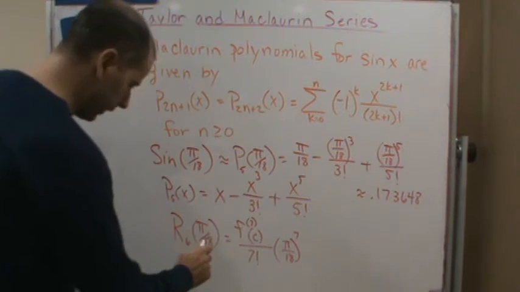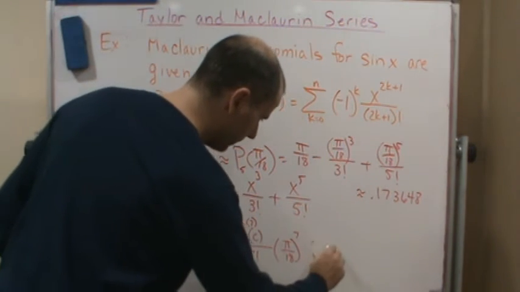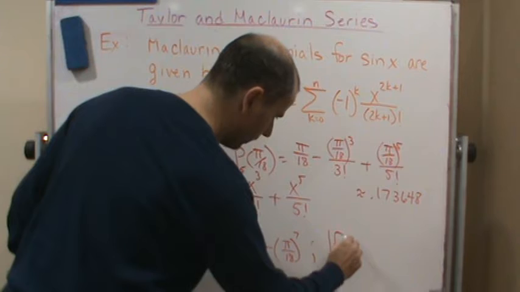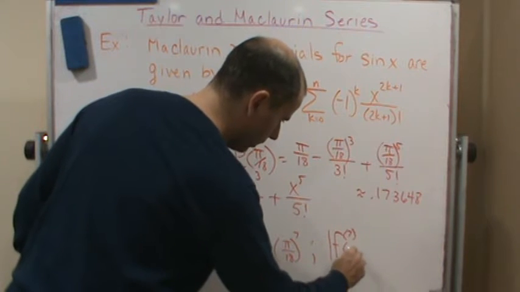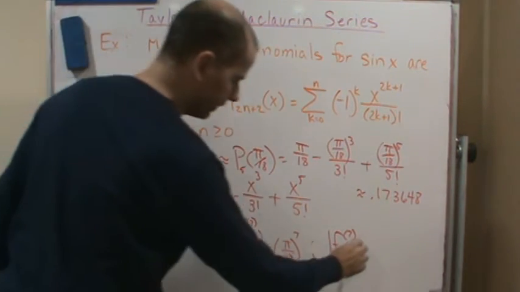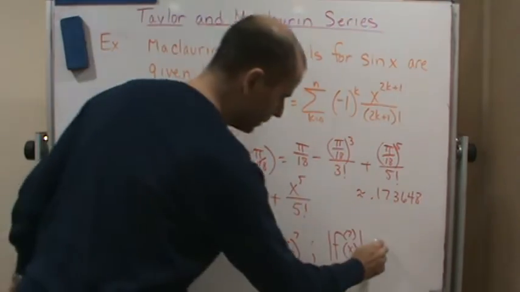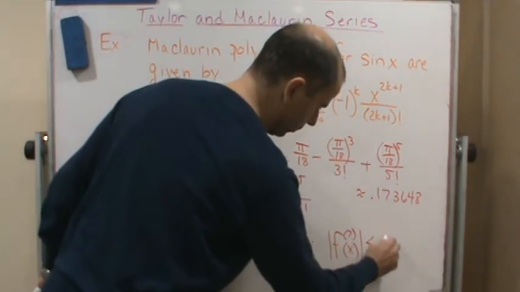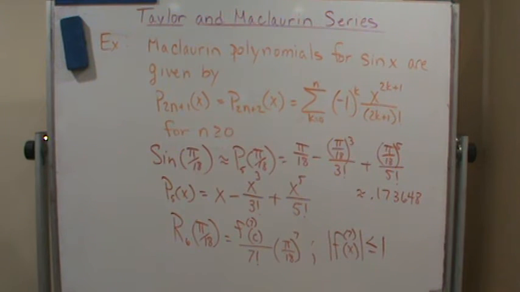So again, remember, this is the fact that the absolute value of the 7th derivative of f of x has to be less than or equal to 1 for all x. And so that means we can find that the magnitude of the error is at most.